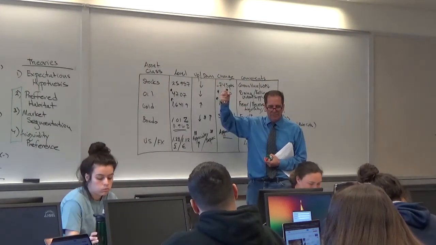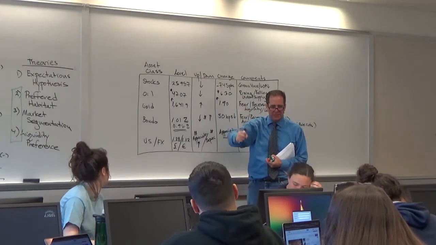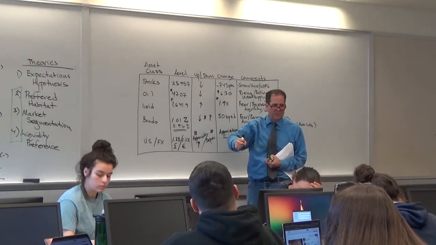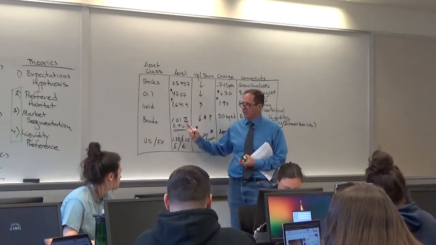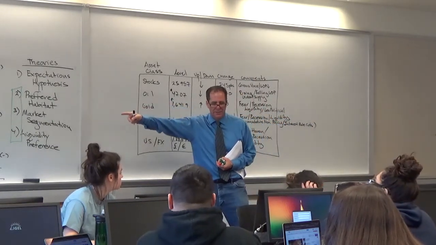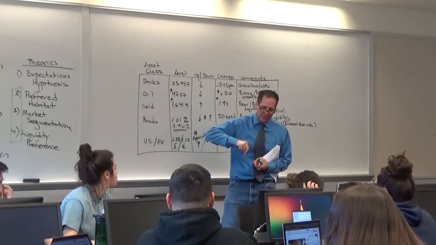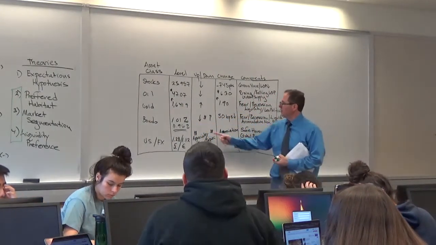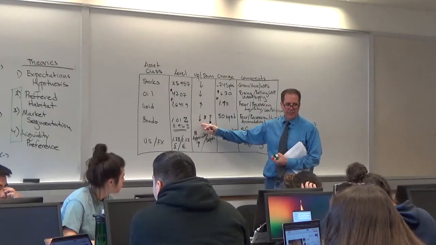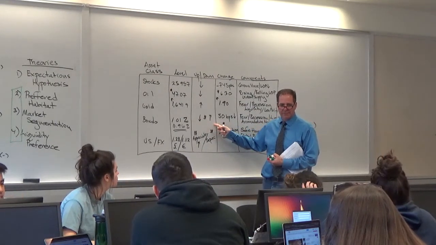Are prices bid up when the economy is contracting? Prices drop. Got it. So interest rates are falling because inflation expectations are falling because the market is anticipating a recession. Okay? Got it. So interest rates are falling, bond prices are going up.